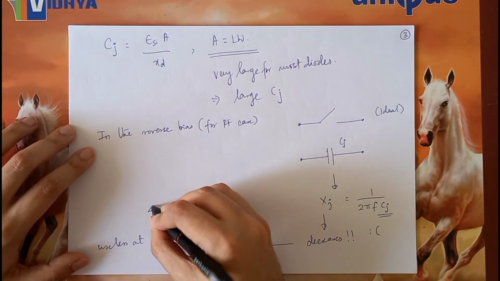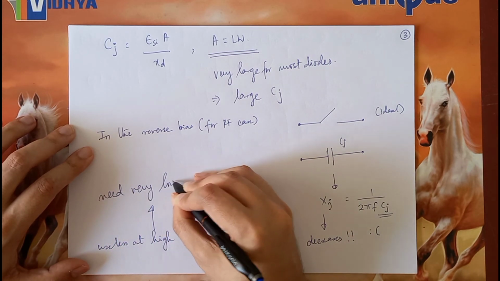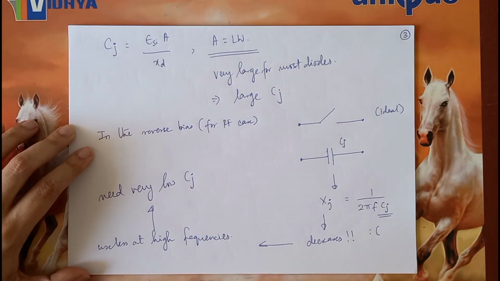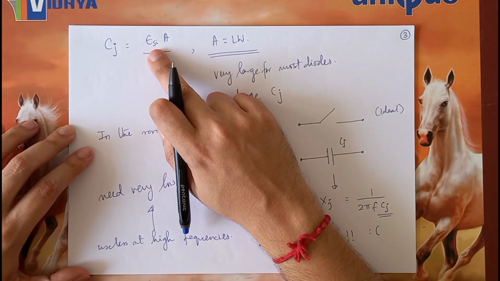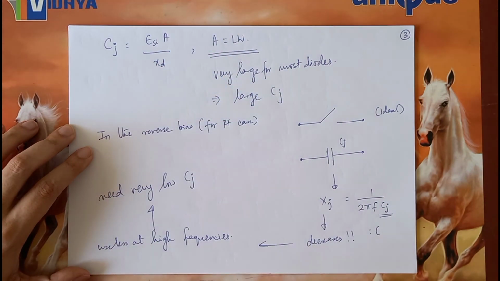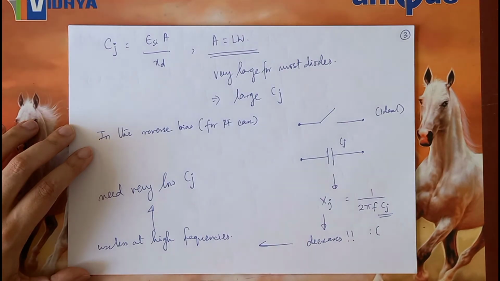We need a very low Cj. Now what you can see over here, Cj depends on the permittivity of the silicon material, the area, and Xd. So one thing that we can immediately do is reduce the area.